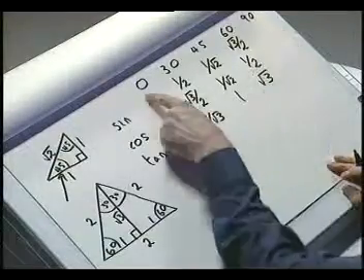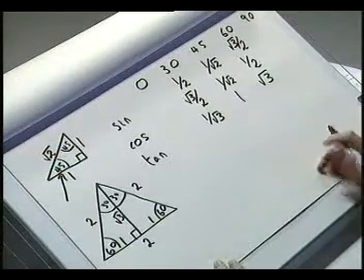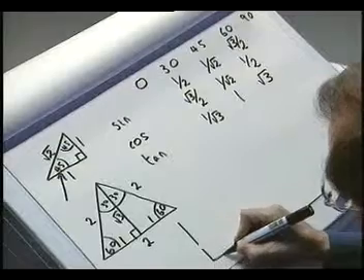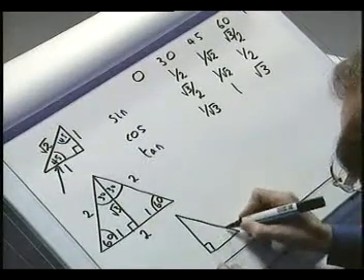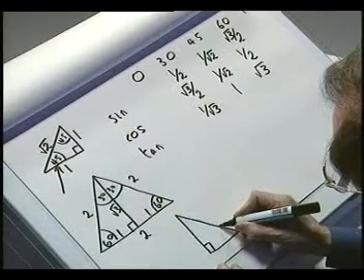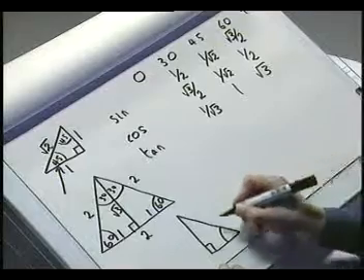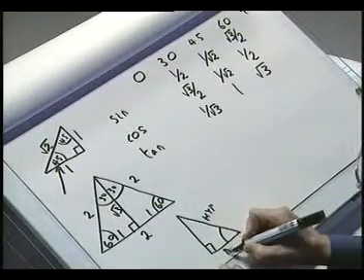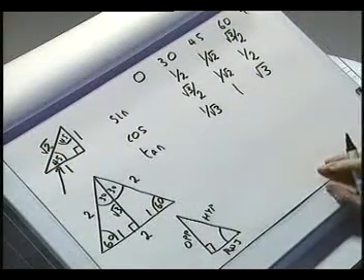What about these bits, 0 and 90? Okay, let's take any right-angled triangle, and we'll fix on this angle. So that's the hypotenuse, that's the adjacent, and that's the opposite.